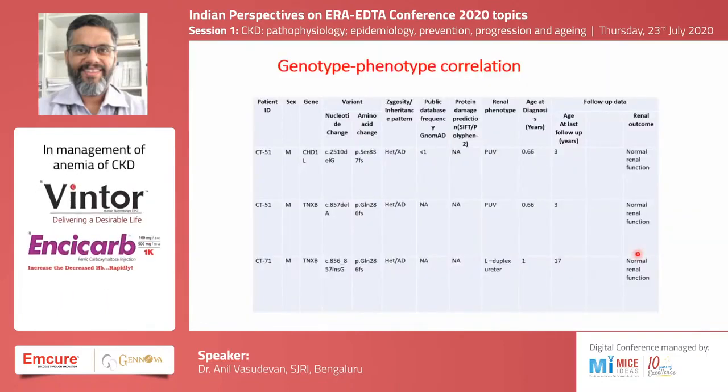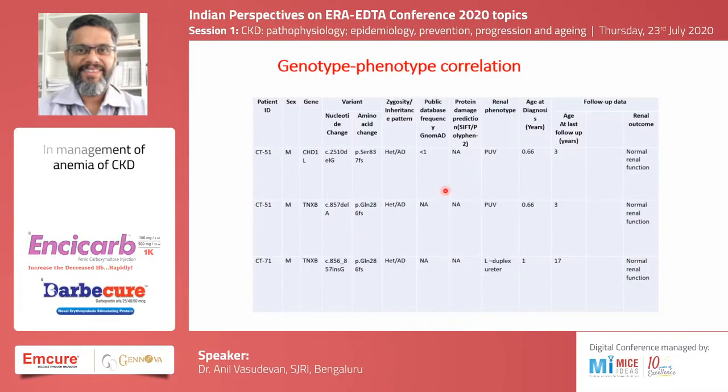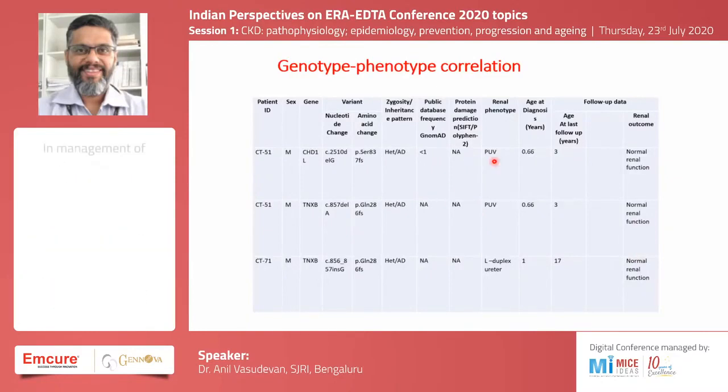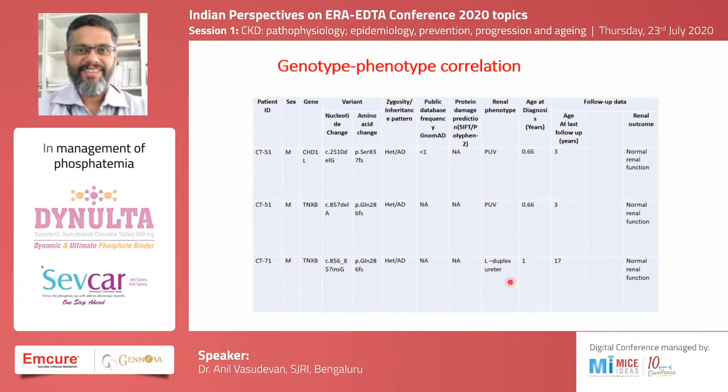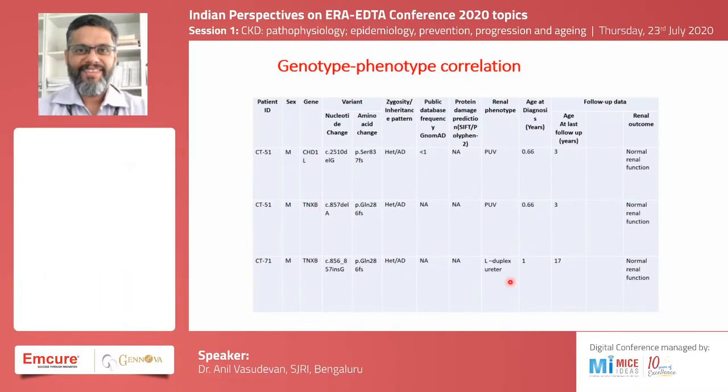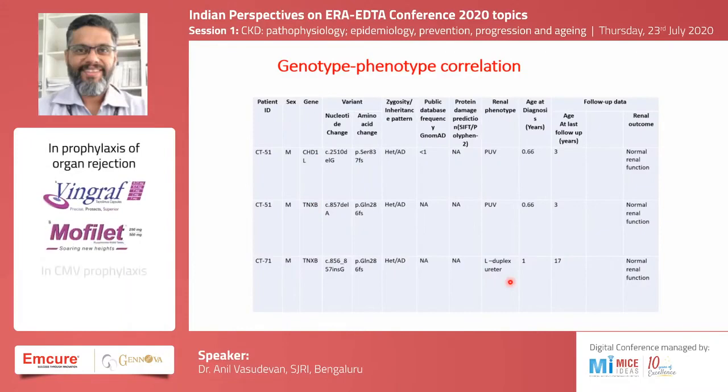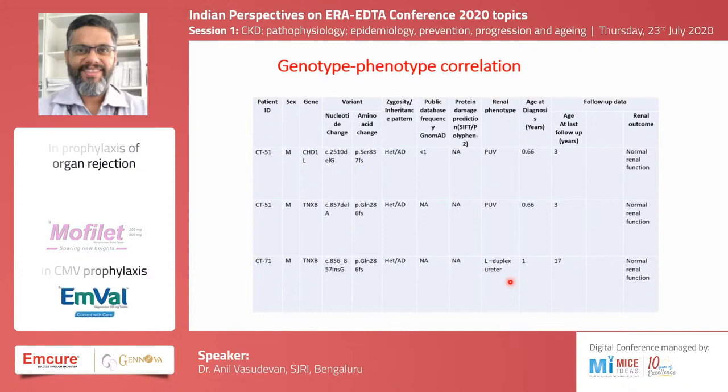And of these 3 variants, 2 of them were seen in one patient who had PUV, in the CHD1L gene, and TNXB was found to be mutated in a child with left duplex ureter, suggesting that not only is there a phenotypic heterogeneity, but also a genetic heterogeneity, in that the same gene can lead to different types of phenotypic manifestations.